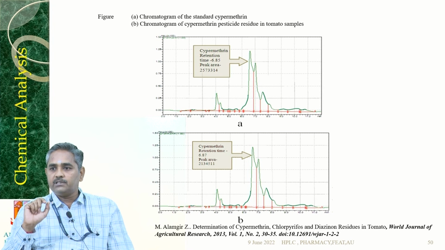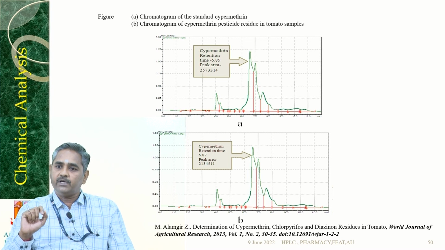So, tomato samples are taken and analyzed. At the same time, the cypermethrin peak is eluted in the HPLC column. So, you can find out whether pesticide is present in the natural substances which we are eating in day to day life, in the foods and the vegetables. You can analyze it using high performance liquid chromatography.